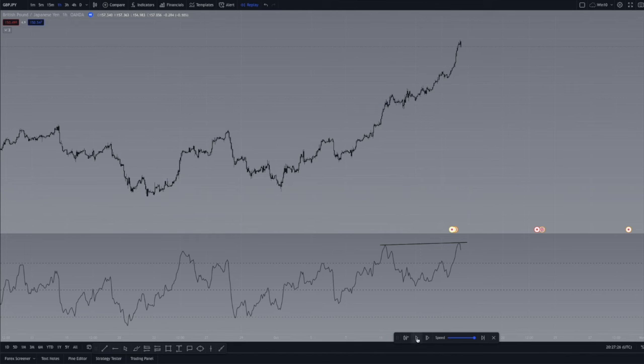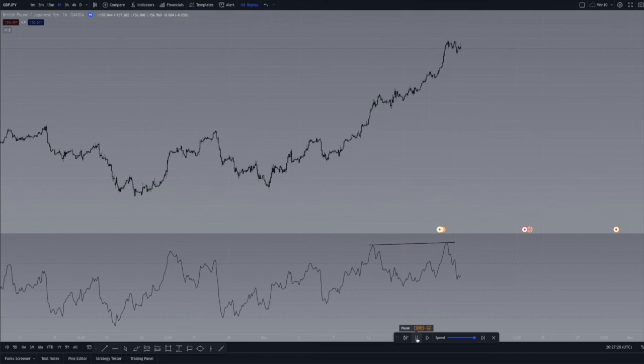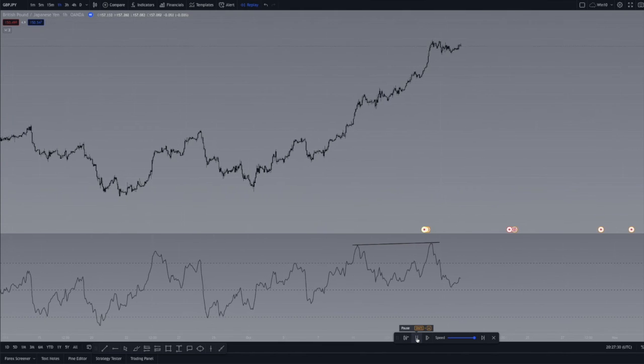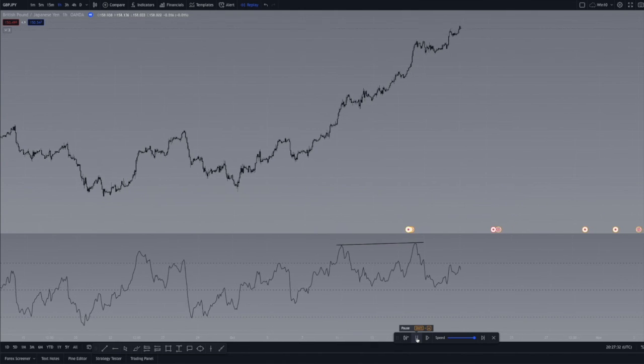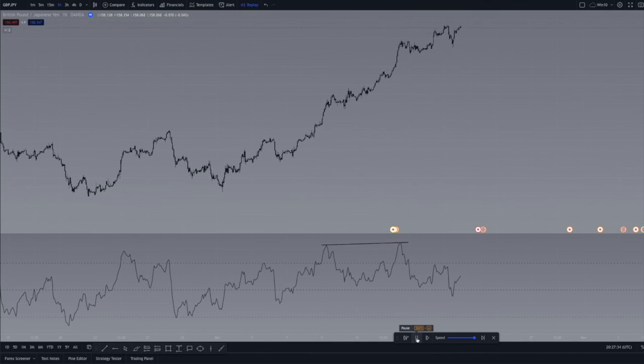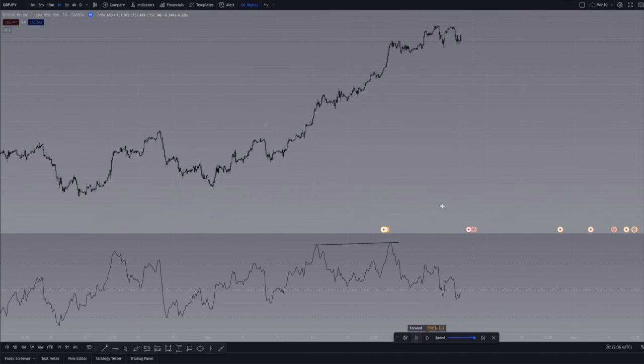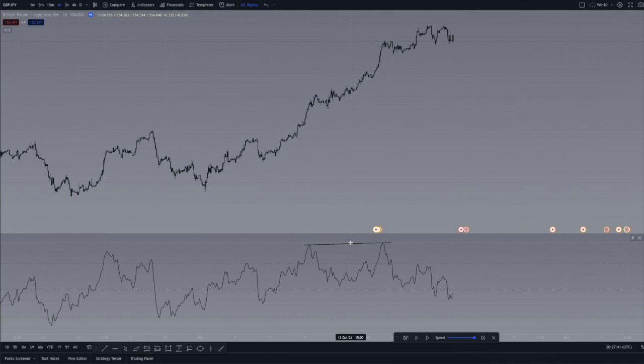We let this play a little bit longer, and as you can see, price action is rising while the RSI down here is falling.